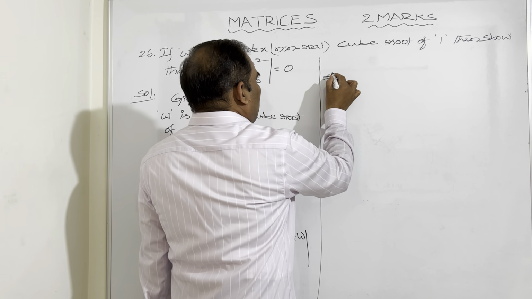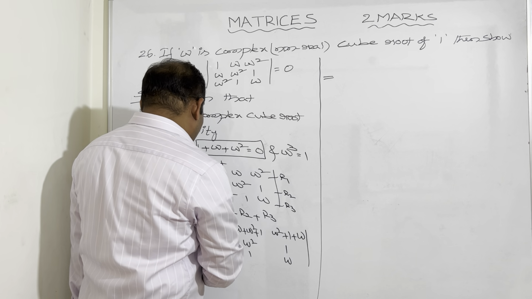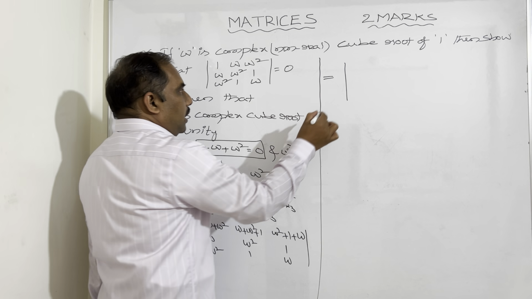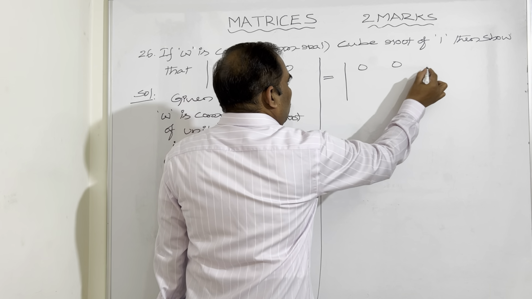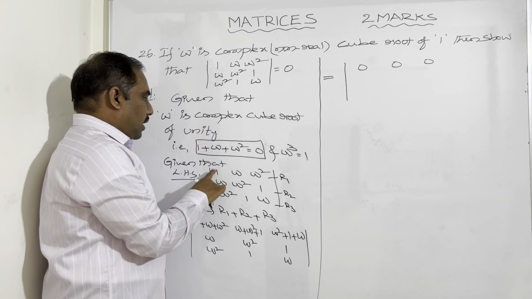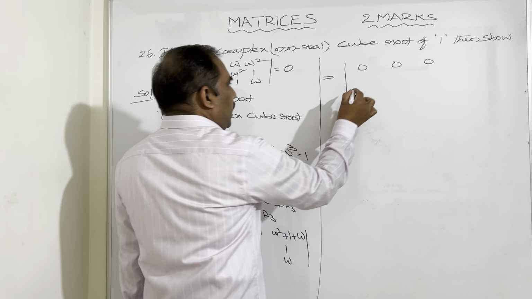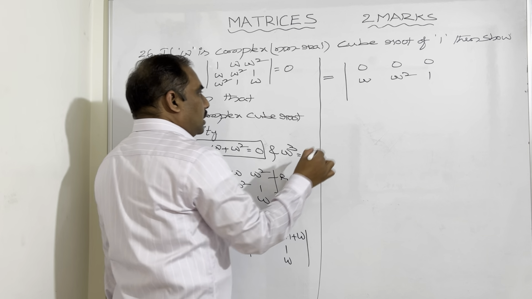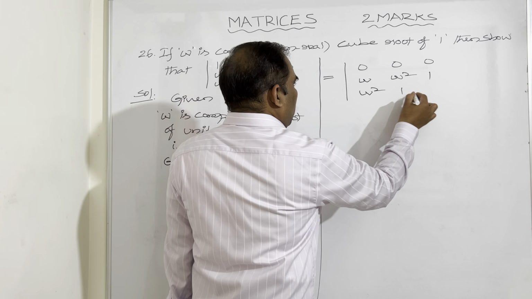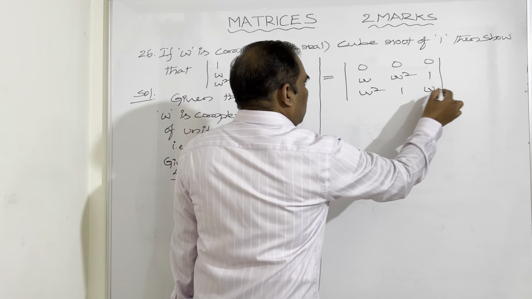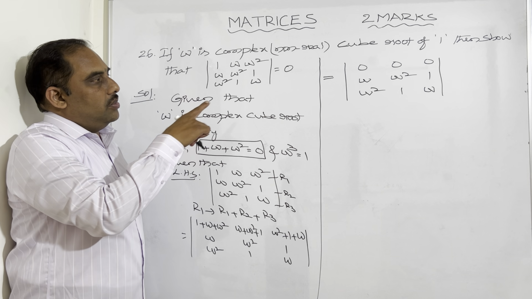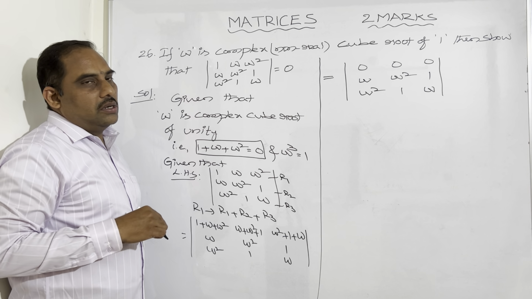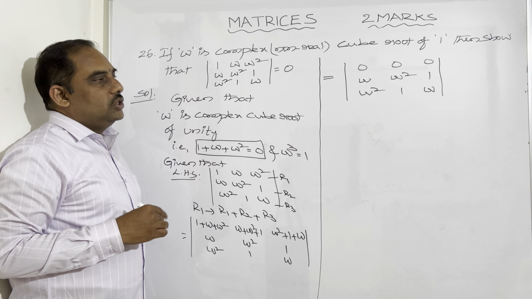So the first row elements are replaced by 0, 0, 0 as per the given condition. Now the second row is as it is, omega, omega square, 1, and the third row is also no change, omega square, 1, omega. Observe here: the determinant of that 3 by 3 matrix has all the elements in the first row as 0 only.